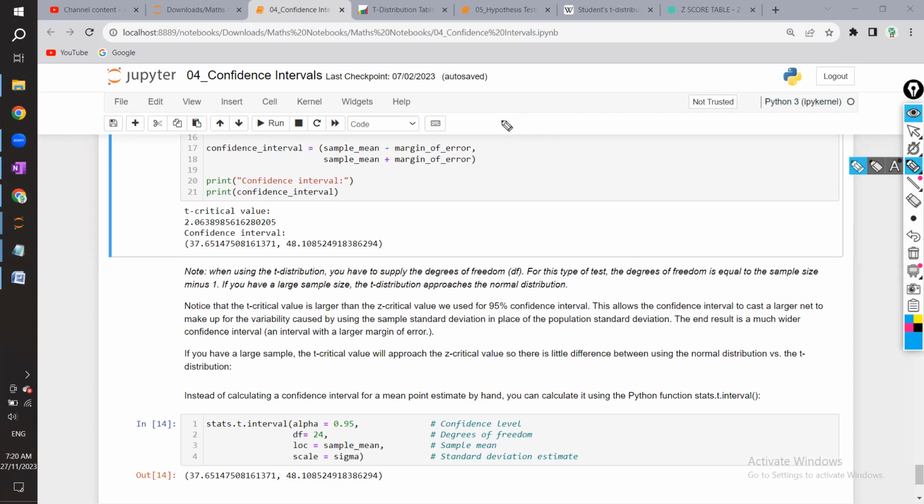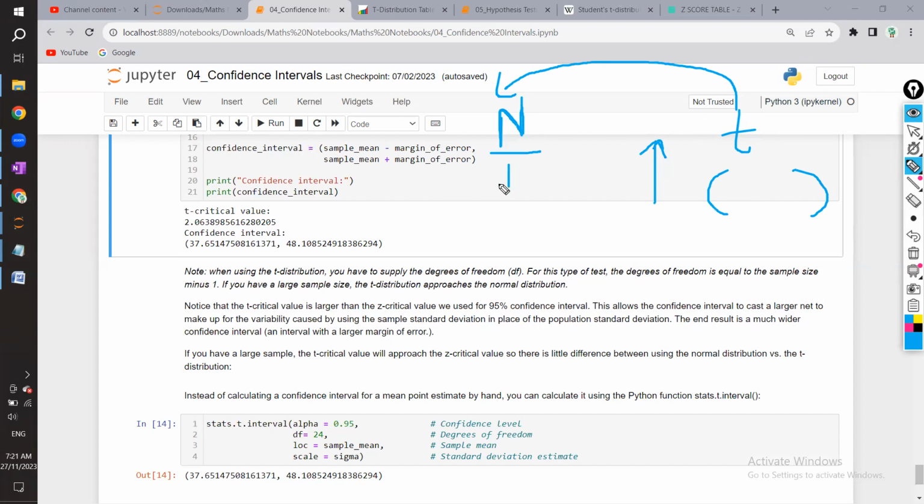One is normal distribution, one is T distribution. Which one will be wider according to you? T distribution. Okay. So if the sample size is increasing more and more, this T distribution, as you said correctly, will become a normal distribution. So if it becomes normal distribution, what is the benefit? What can we get?